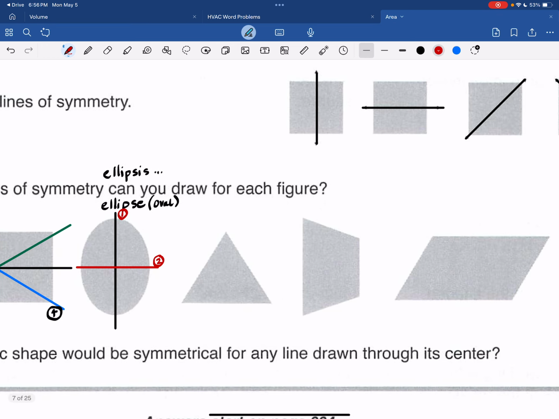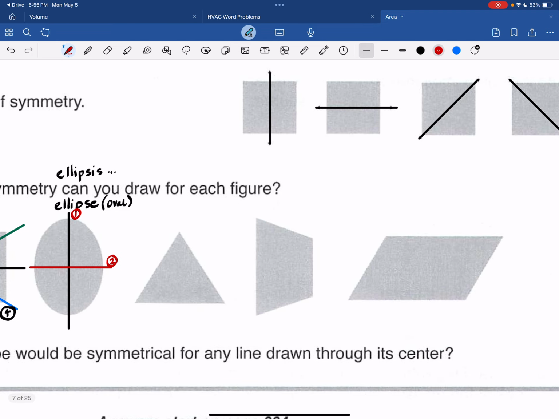How about this triangle? Now, it's very important to realize that this is an equilateral triangle. The sides are equal. And remember, the more equal something is, the more symmetry you can draw. So one way to do this one is right down the middle. That's a mirror image. So there's one.